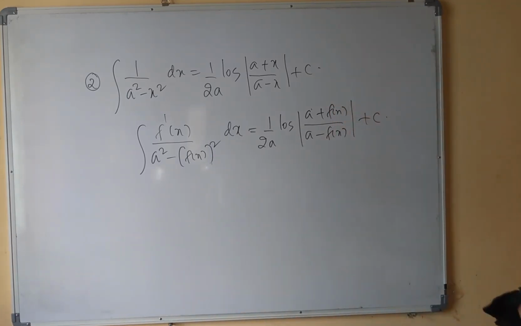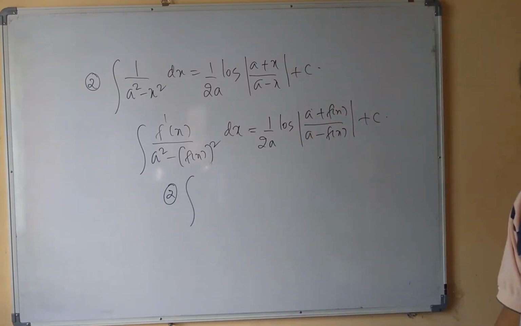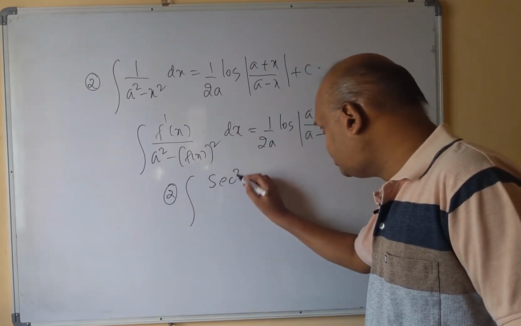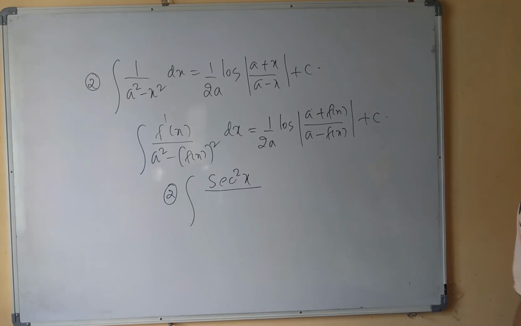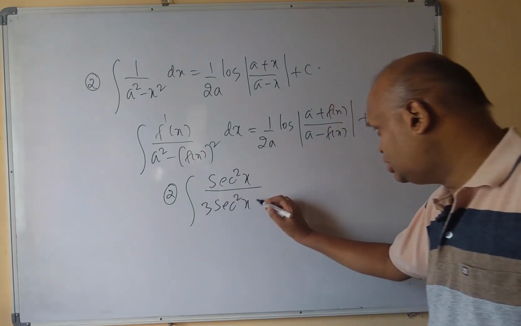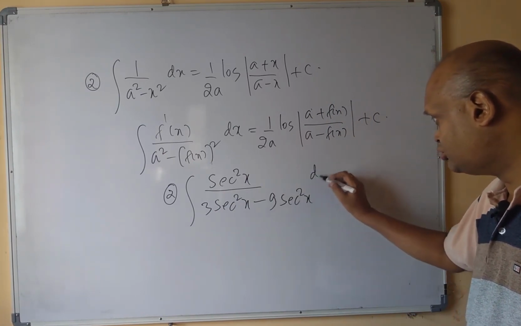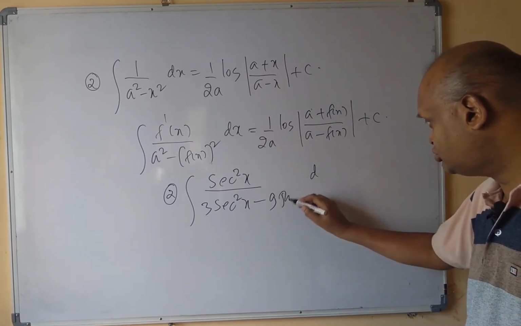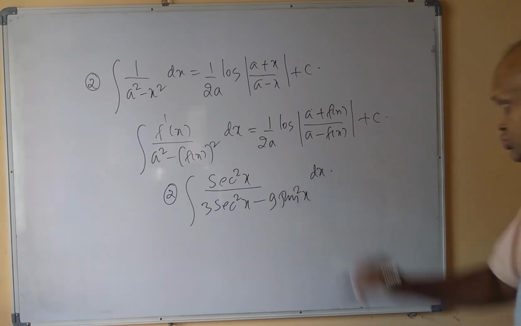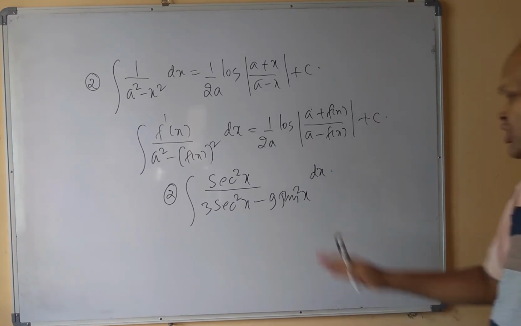See this problem now. I am talking here about the integration of sec square x divided by 3 sec square x minus 9 sec square x times tan square x. Okay, you can take 3 common.